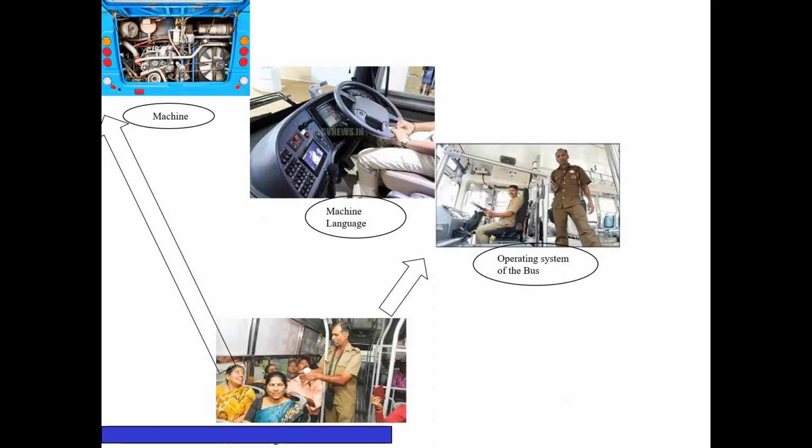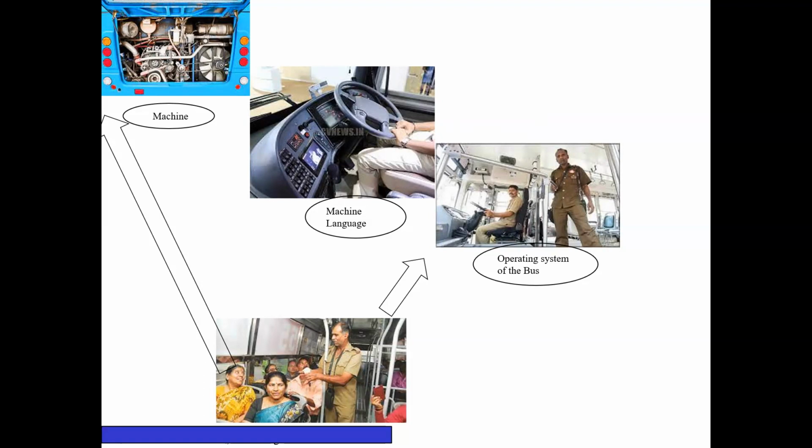To get a better understanding of hardware and system software, I'm using the example of a bus. A bus which we use to travel has its hardware, the machines, and it is a very complicated system. Usually, we are not able to follow the functions of the machines of a bus.